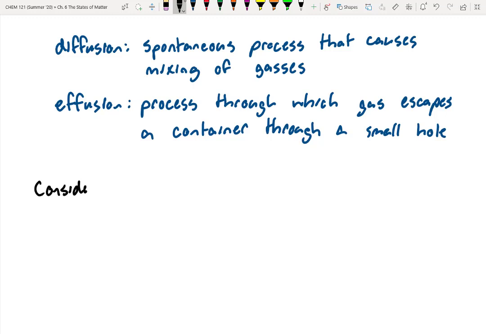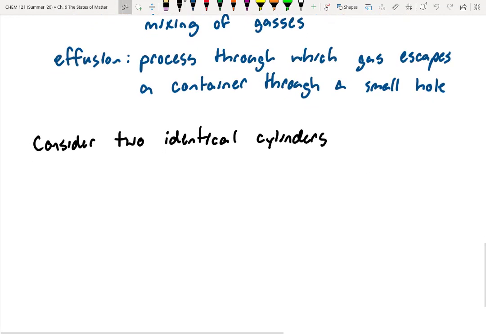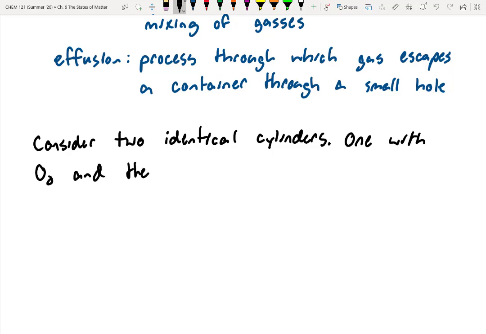So let's consider two identical cylinders. Okay? We've got one with O2 and the other with helium.